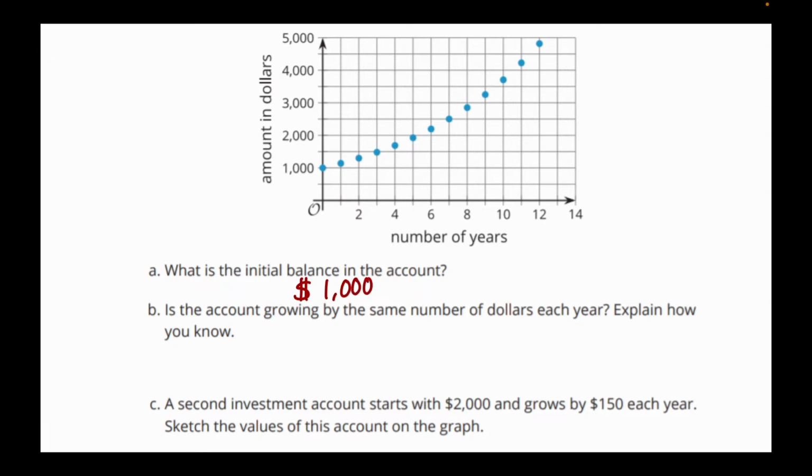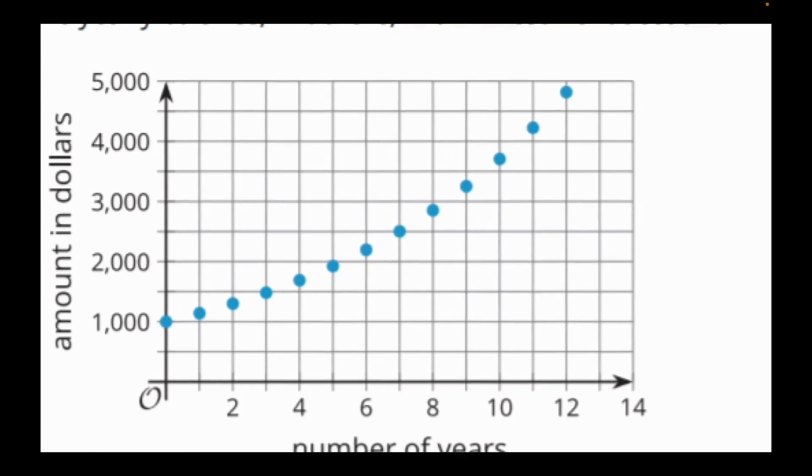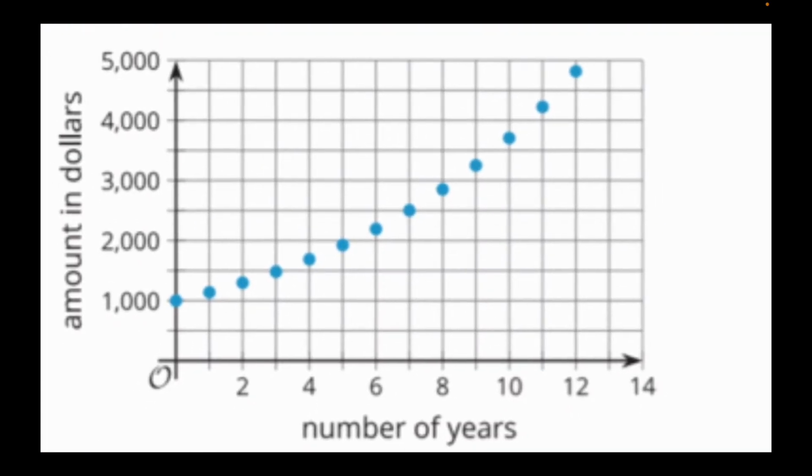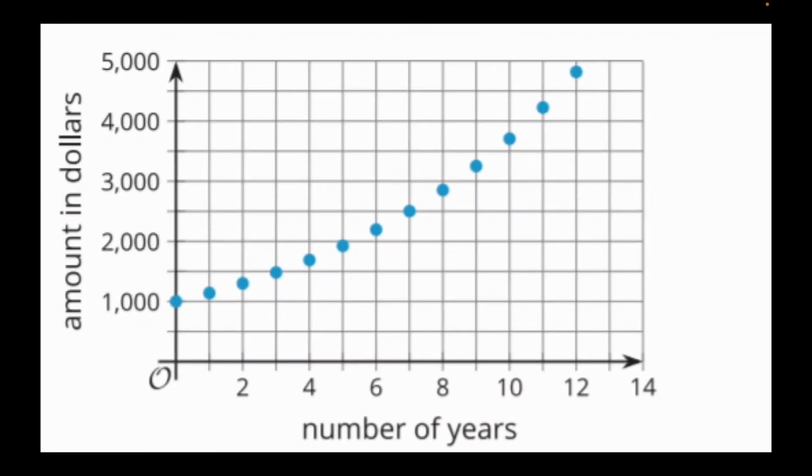Question B says, is the account growing by the same number of dollars each year? And explain how you know. So we are going to say no, because if it was growing by the same amount each year, it would not have a curved shape like this. Growing by the same amount would give us a linear function. If you look a little closer at the graph, I know you're probably doing this on paper, so you don't get a chance to zoom in, but we're growing by less than $500 right here each time.